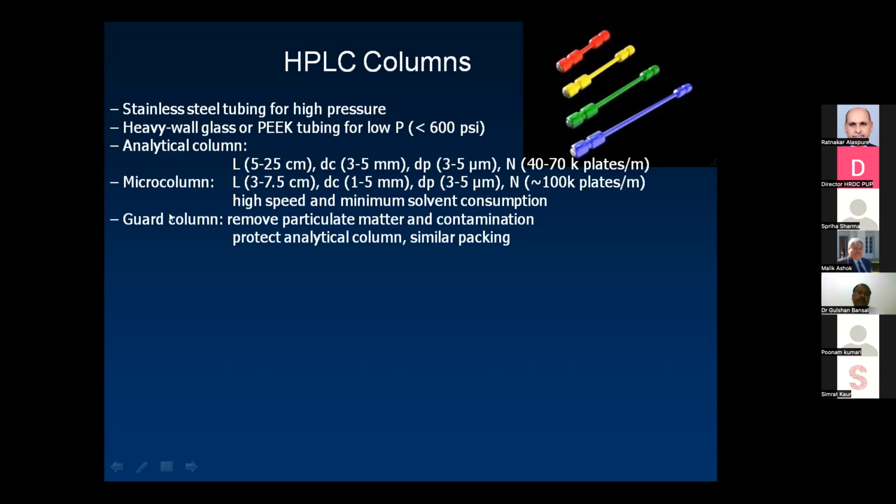As the name indicates, it guards the main analytical or micro columns from impurities and contaminants, which may permanently adhere to the analytical and micro columns. Therefore, they prevent spoilage of our main columns and increase the life of these columns.